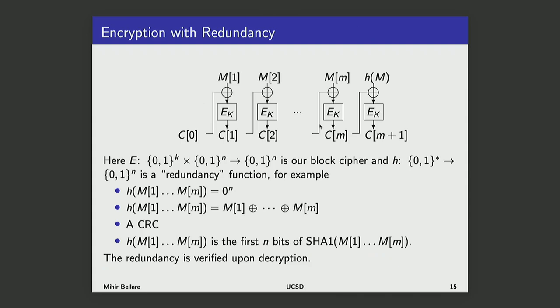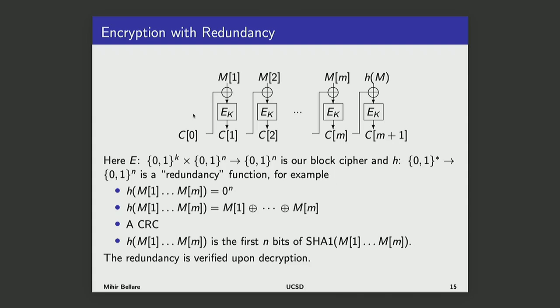So people thought next that we can make this happen by what's called redundancy addition. What they say is that we will add some kind of padding or redundancy to the message and check that it's present on decryption. Here's an illustration of that, continuing with CBC encryption, since we started with that anyway.